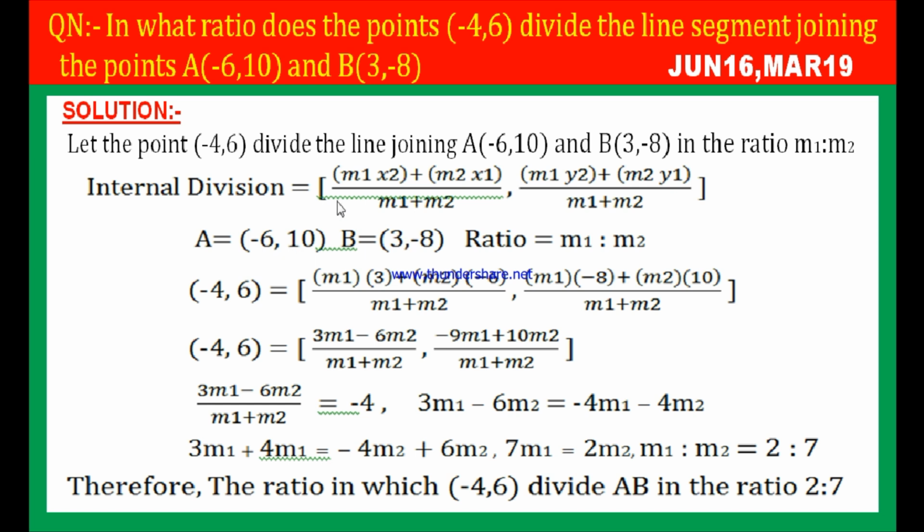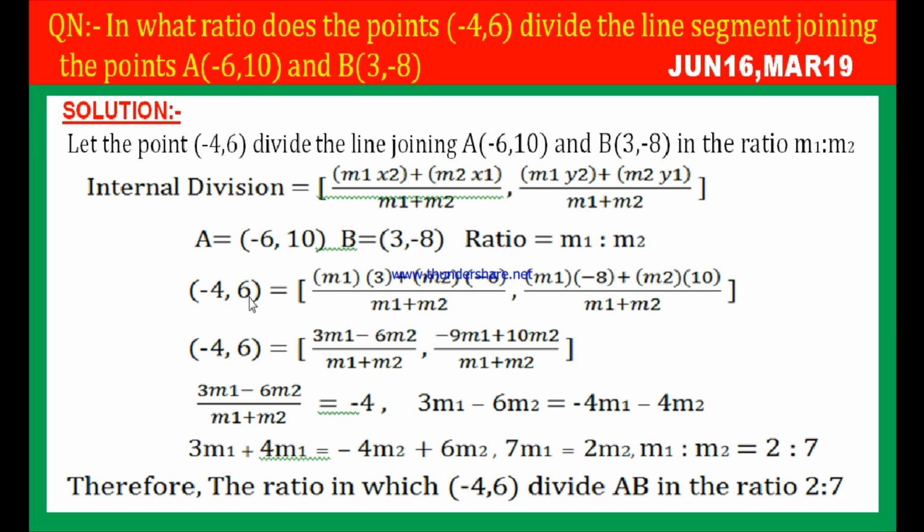Now this line is divided by the point (-4, 6). Therefore (-4, 6) is equal to m1 into x2, which is 3, plus m2 into x1, which is -6, by m1 plus m2. And the y coordinate: m1 into y2 is -8, plus m2 into y1 is 10, by m1 plus m2.